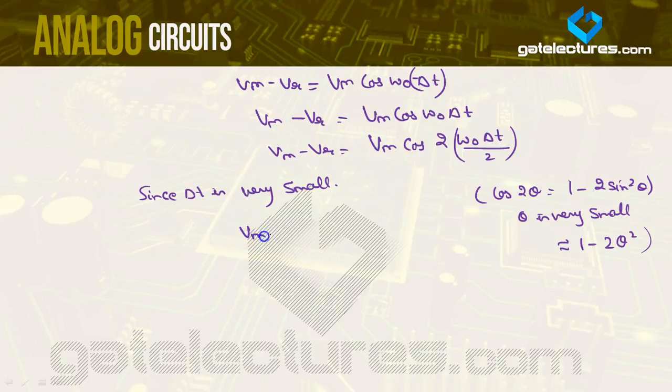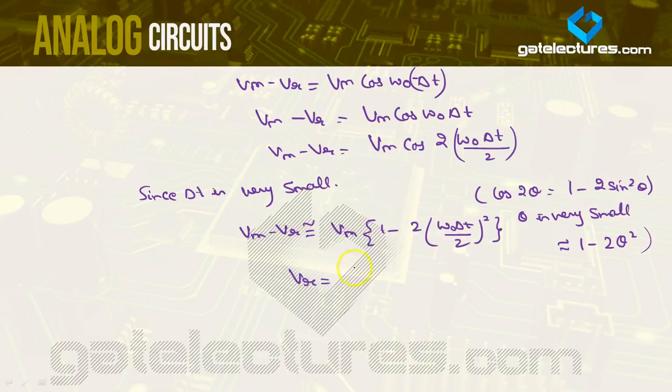So we can say that Vm minus Vr is equal to Vm. Now the cos term will be replaced by 1 minus 2 theta square, which is 1 minus 2 omega naught delta t by 2 whole square. So this can be approximated to this particular expression. Your Vm will cancel, the negative sign will cancel.